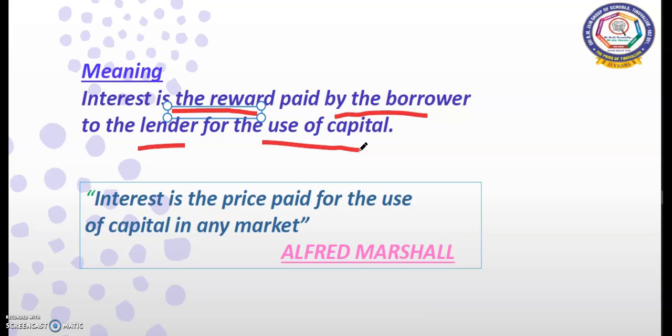So, it is also a form of reward because he invests some amount in the production process and for that he gets benefit. So, that is also considered the reward for utilizing the capital. So, interest is the price paid for the use of capital in any market. This is the definition given by Alfred Marshall.